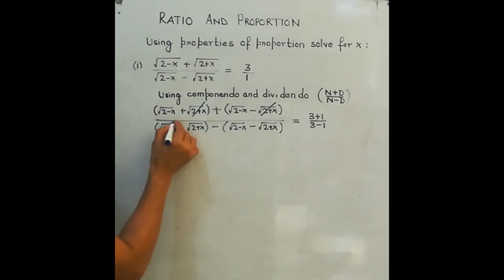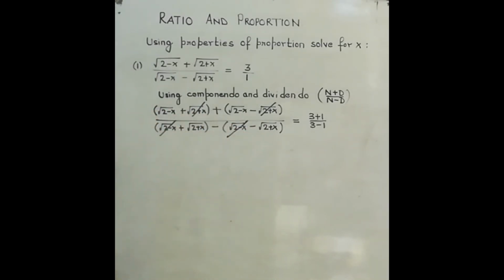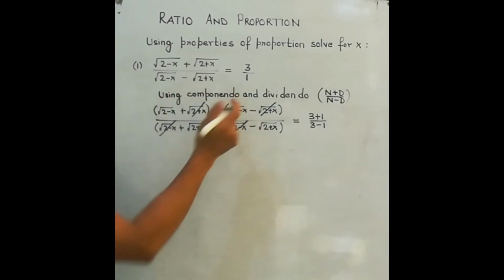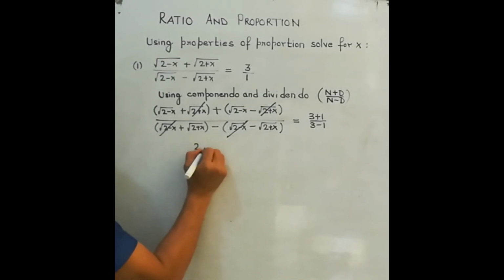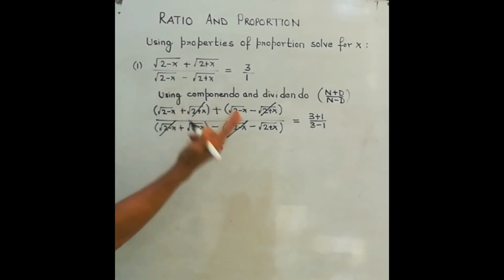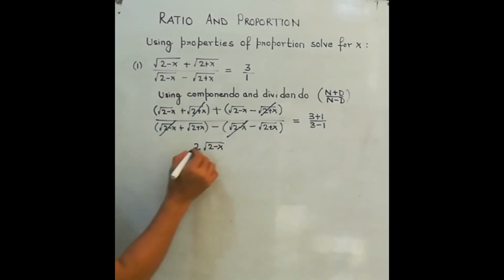So in the denominator place these two will cancel out on opening the bracket. So let's see what I am left with. Here you can see I am left with root 2 minus x from this bracket and root 2 minus x from this bracket. So I am left with twice root 2 minus x. See here, root 2 minus x, I am getting it 2 times, so I am going to write it twice.